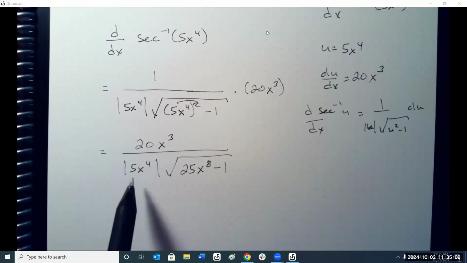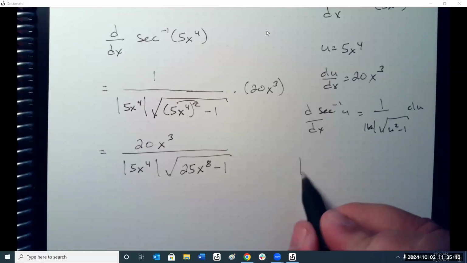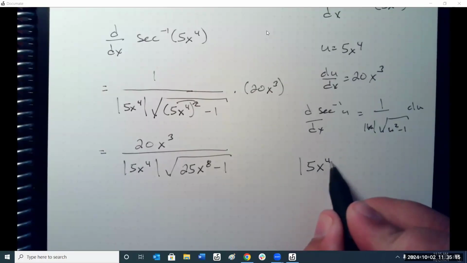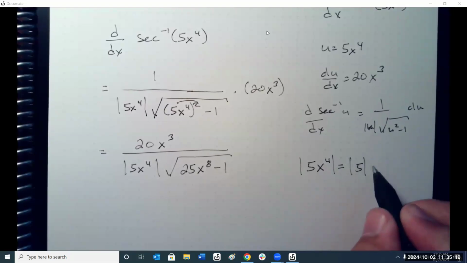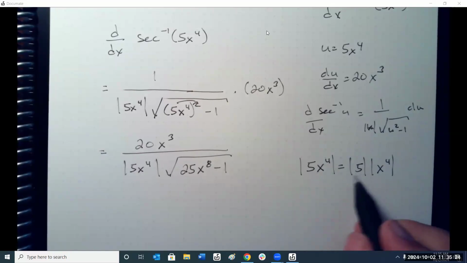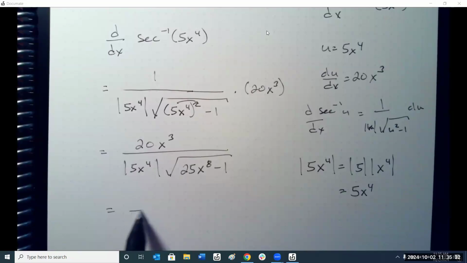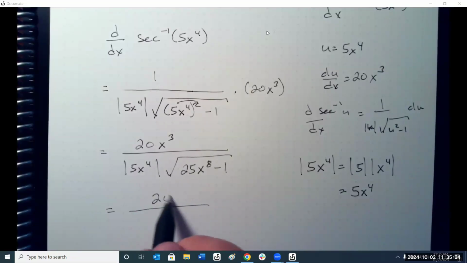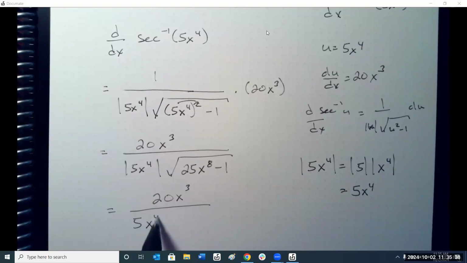Now, question, do we need the absolute value sign here? We'll just split that up into 2 parts. 5 is a constant. It can never be negative. And x to the fourth is always positive. So we really don't need the absolute value signs for 5x to the fourth.